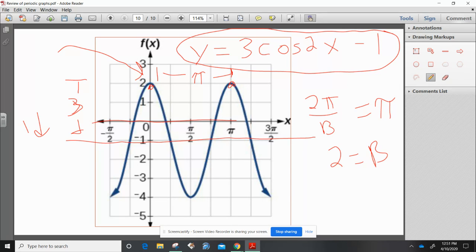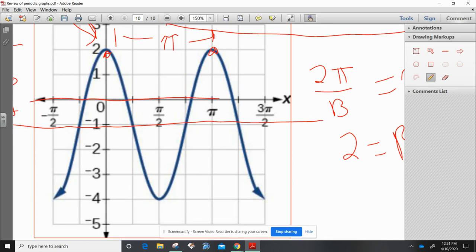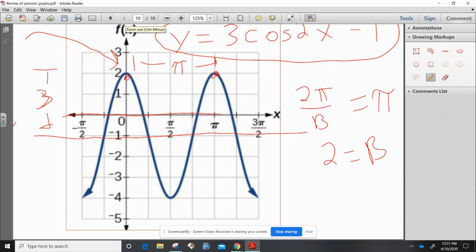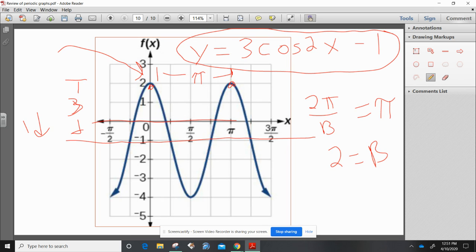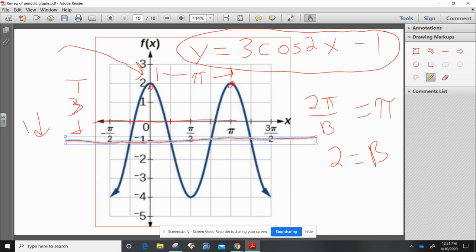But let's say I wanted to do a sine equation for this. Okay, my sine equation would start right here. Okay, and going up.